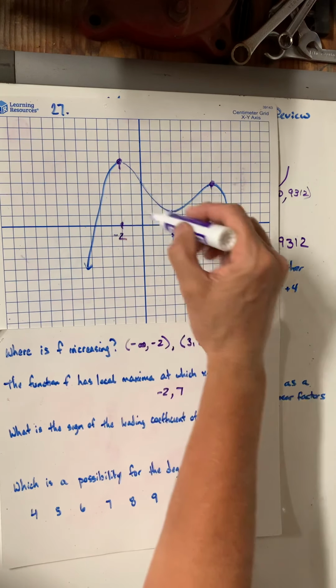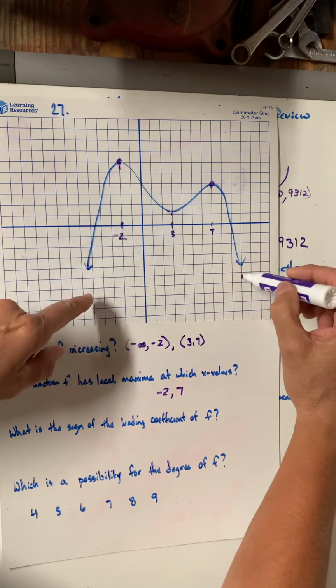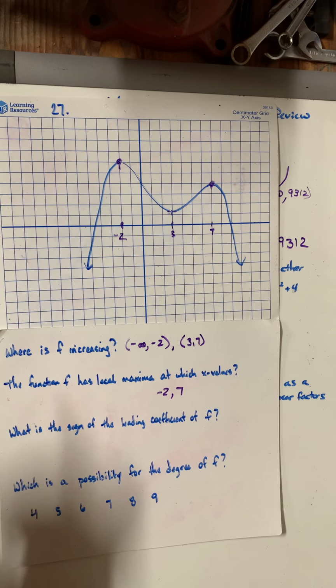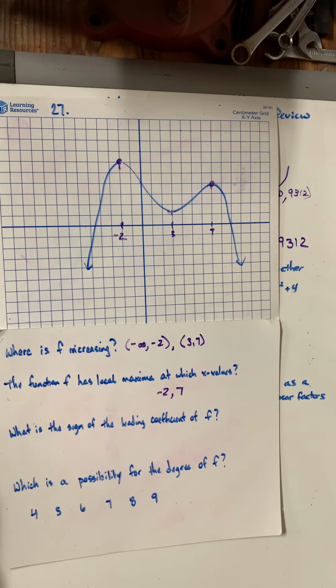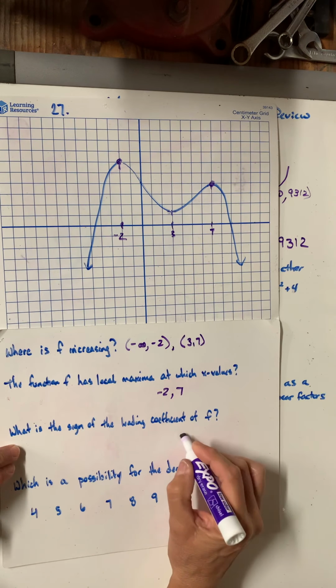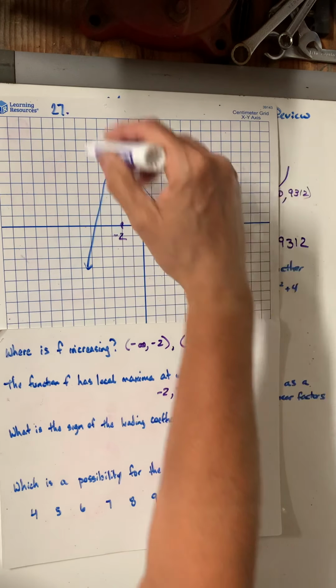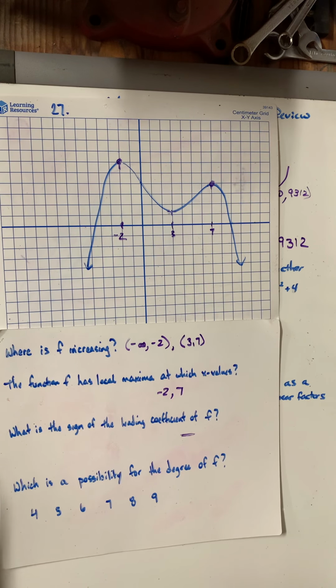Because the tails are going in the same direction, it's going to be an even degree function, and because they're both going down, the leading coefficient will be negative. So the sign of the leading coefficient is negative. Had these two tails been going up, then it would have been positive.